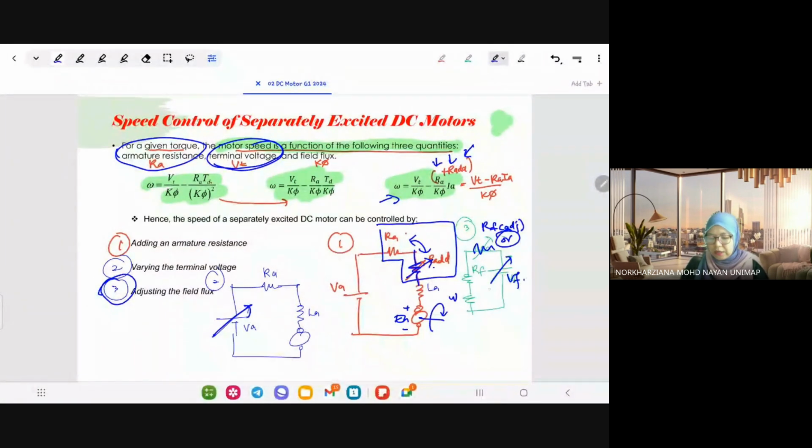Okay, because you have this one LF. How much VF supplying the LF will affect your motor speed, but not proportionally. Dia inversely proportional effect to the motor speed. Nanti kita tengok the equation dulu.